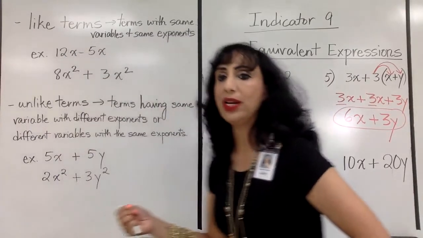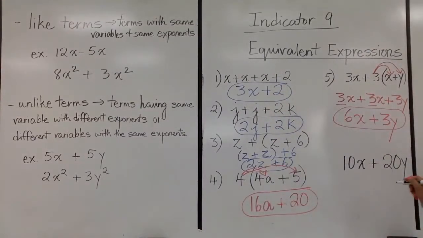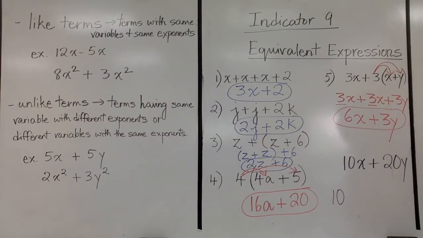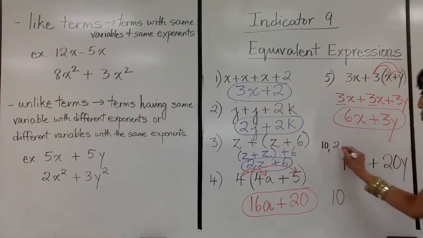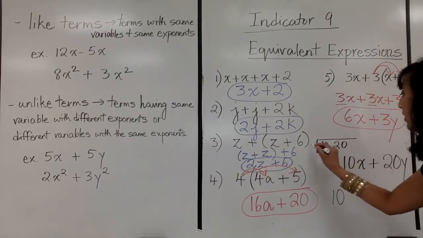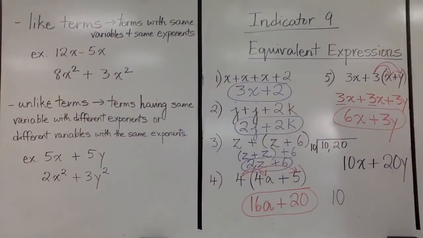So I can always take that 10 and I can put it outside. I've taken the 10 and the 20, and I am finding the greatest common factor, which is 10, right? And so then I get 1 and I get 2, and here's my greatest common factor.